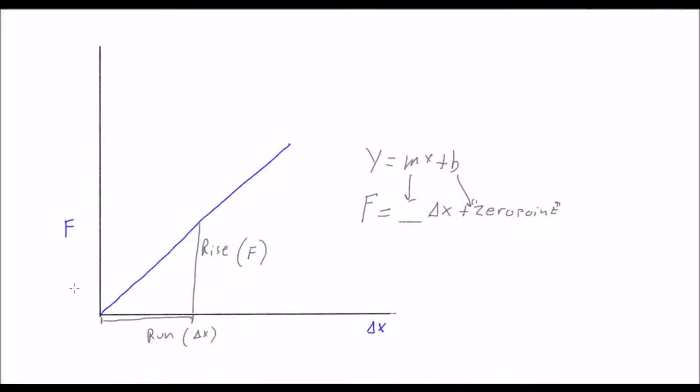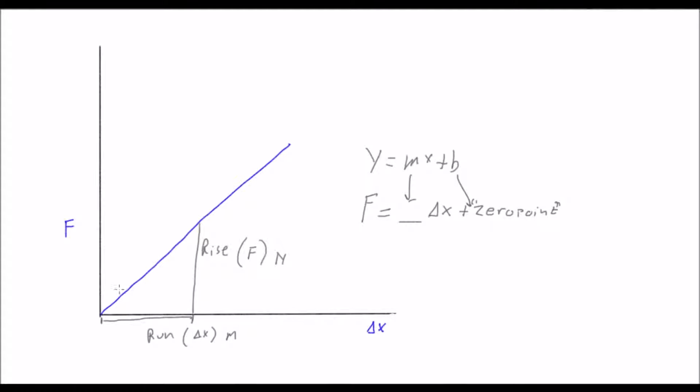If we look at this relationship, we're going to find that this slope represents the amount of force and distance, or newtons over meters, that changes as we go. So this represents how much force I have to apply to make the spring move a certain distance.